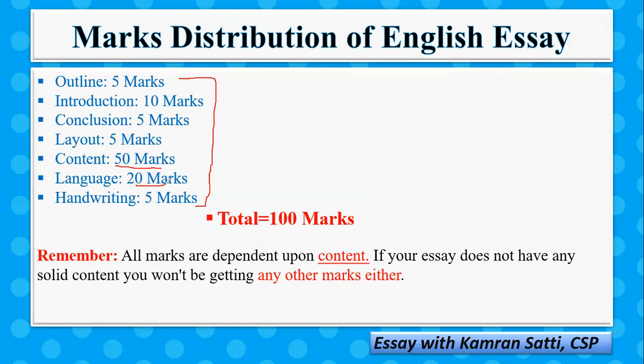That means you shouldn't make grammatical mistakes, your sentence structure should be good, and you shouldn't commit spelling mistakes. Then handwriting, layout of the essay, conclusion 5, introduction 10 marks, outline 5 marks. Students often ask, does the outline have marks? Well, according to some FPSC examiners, the outline has 5 marks.